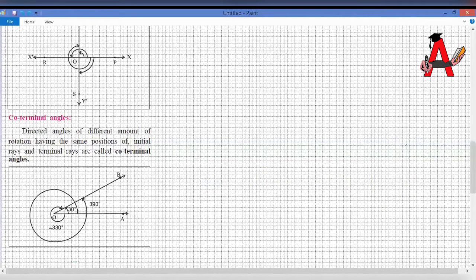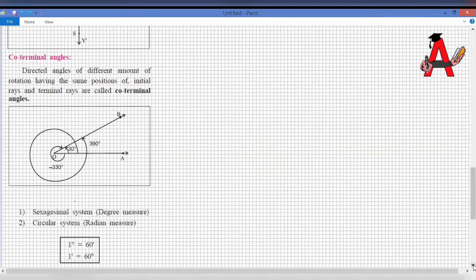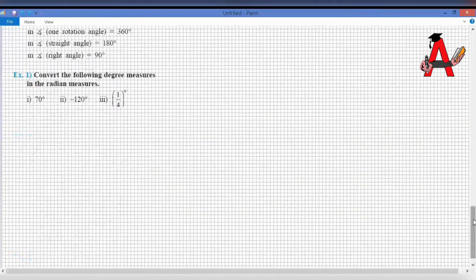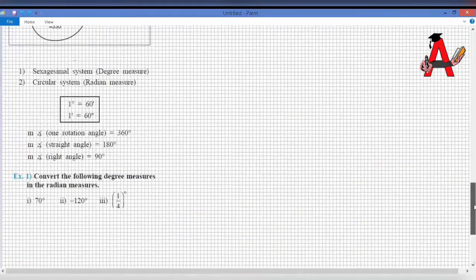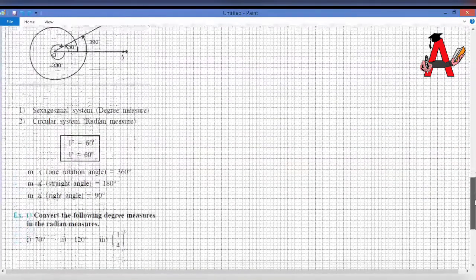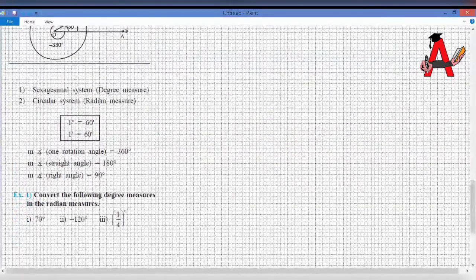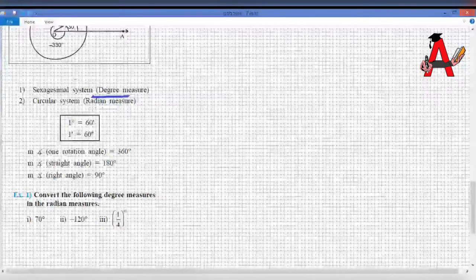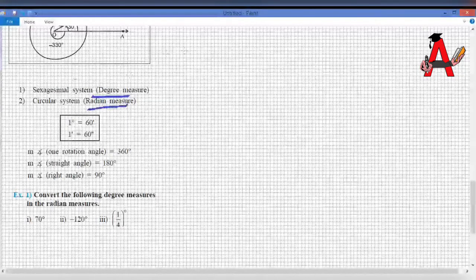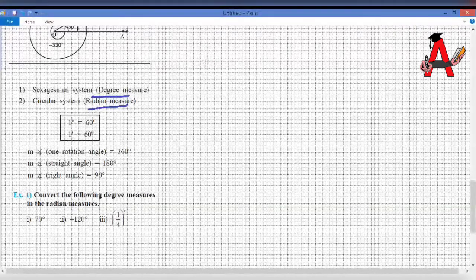Now let's move on and I will explain concepts related to degrees. There are two ways in which an angle is measured, either in terms of degrees or in terms of radians. In degrees, one complete circle is said to be 360 degrees. So 1 degree is 1 upon 360 of the entire circle.